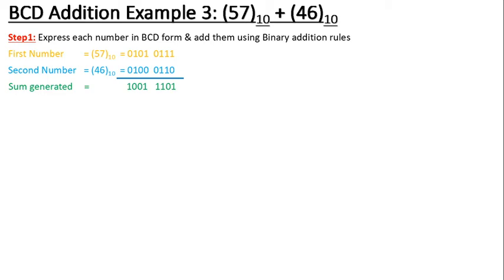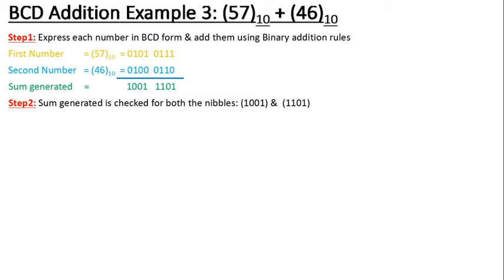Then, as usual, in step number 2, the sum generated is checked for both nibbles. Now we are getting two nibbles. The upper nibble 1001 is equal to 9 but not exceeding. But the lower nibble 1101 is exceeding 9.